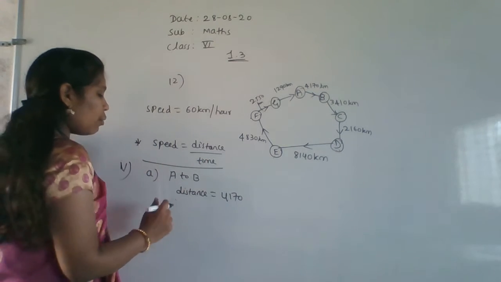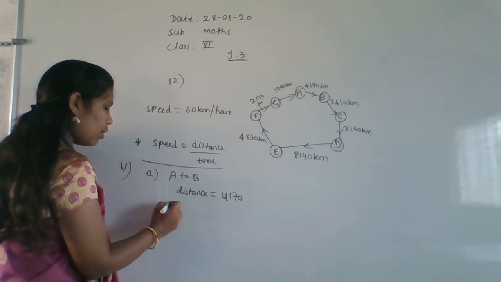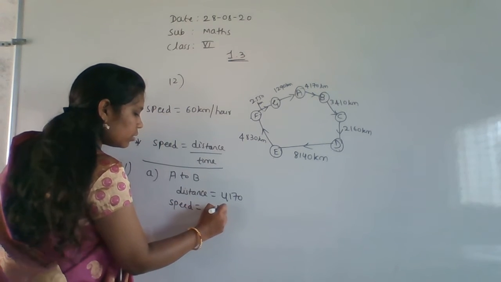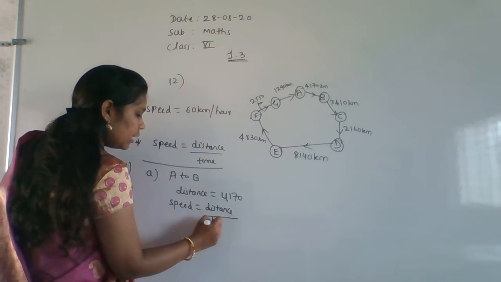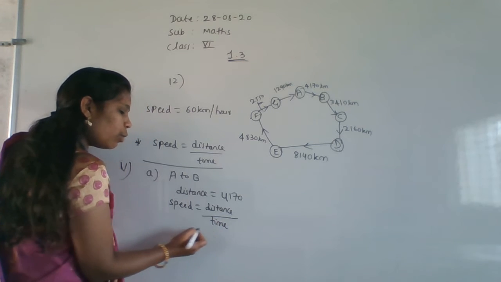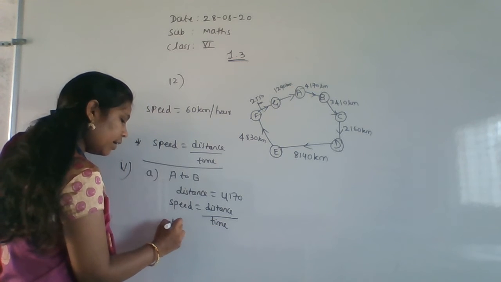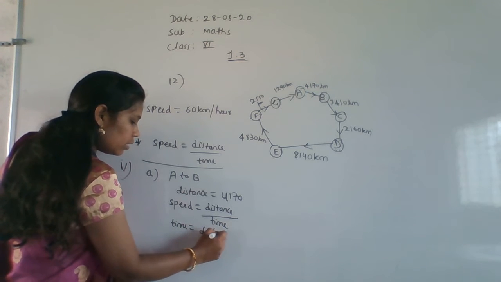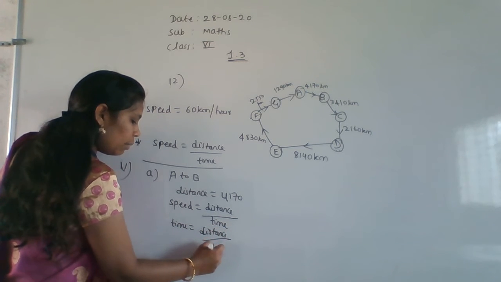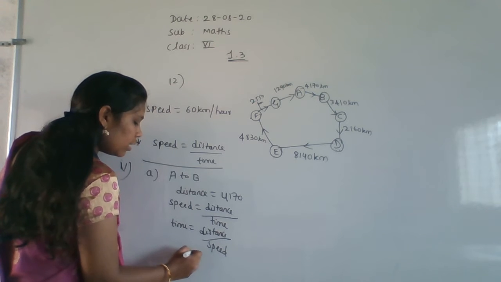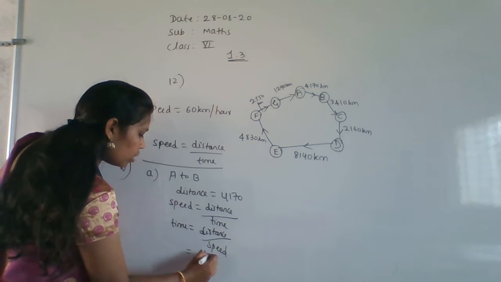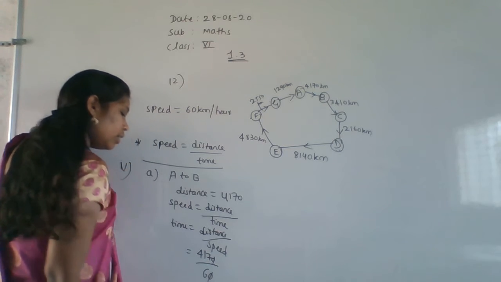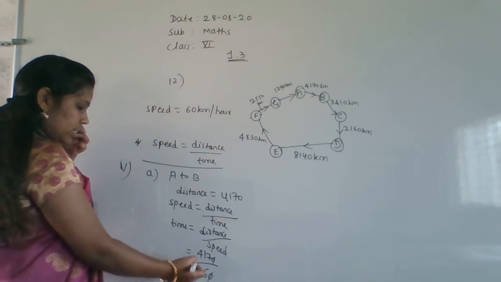So for this formula, speed is equal to distance divided by time, we cross multiply, so time is equal to distance divided by speed. Distance is 4170, speed is 60. So cancel the zero here.